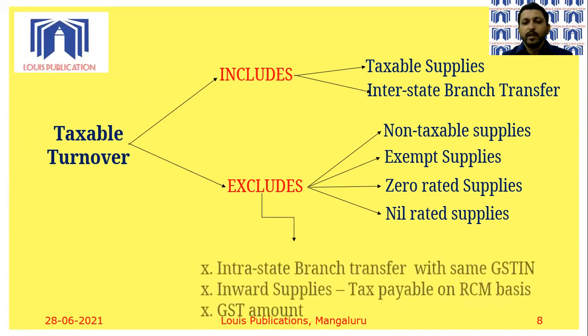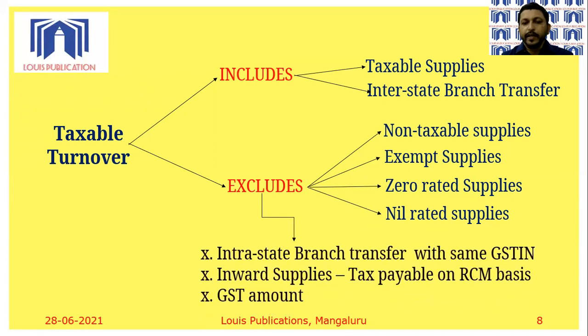And as usual, intrastate branch transfer with the same GSTIN is excluded. Inward supplies, that is, those on which we are paying tax on the basis of reverse charge mechanism, that is inward supply from an unregistered dealer, are excluded. Then GST amount is not to be included because it is on taxable turnover that we calculate GST amount.